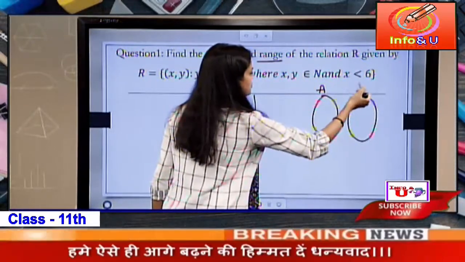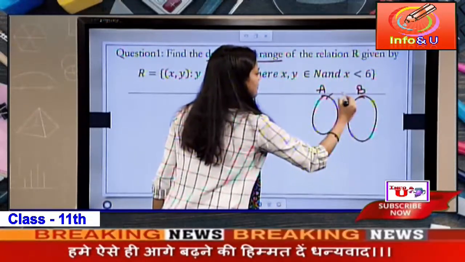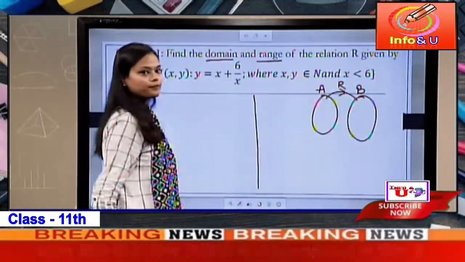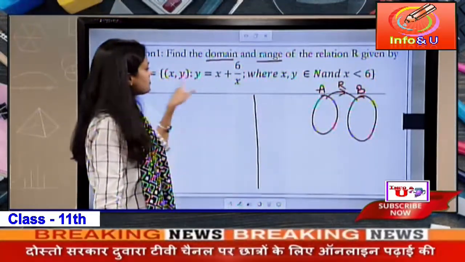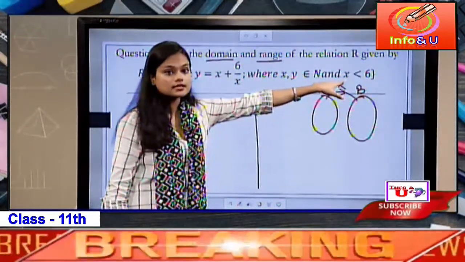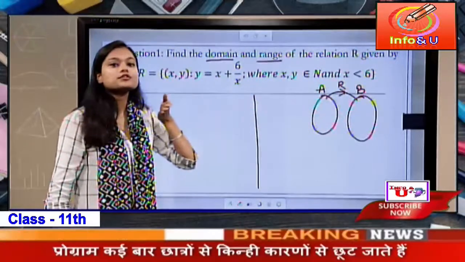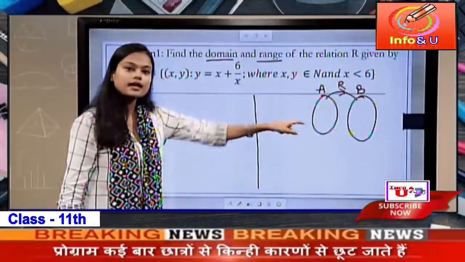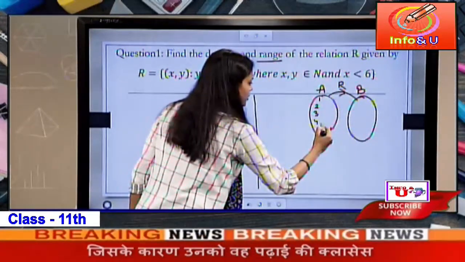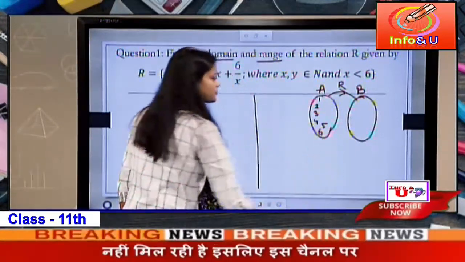From A to say some B, we are describing a relation R. What is this A? x, the first element, is coming from naturals and it is less than 6. So all those natural numbers which are less than 6 will be in the set A: 1, 2, 3, 4, 5 and 6.